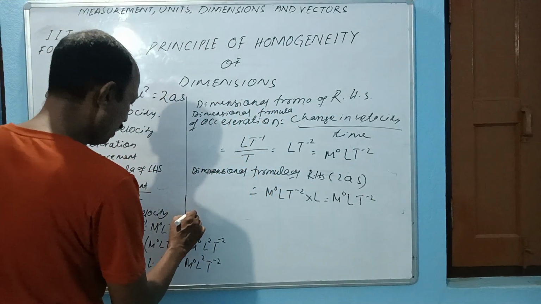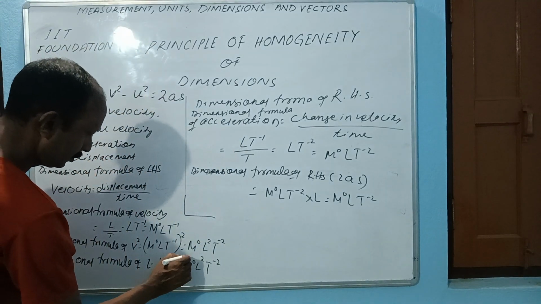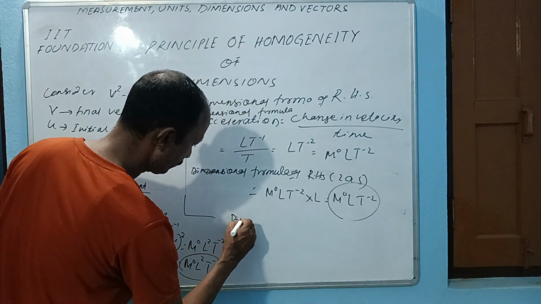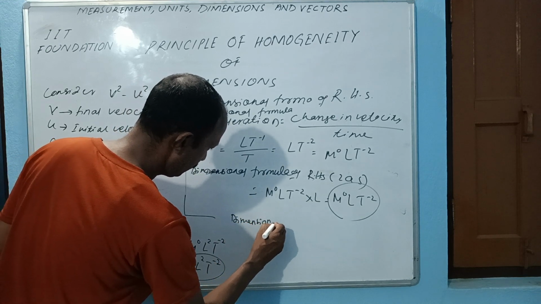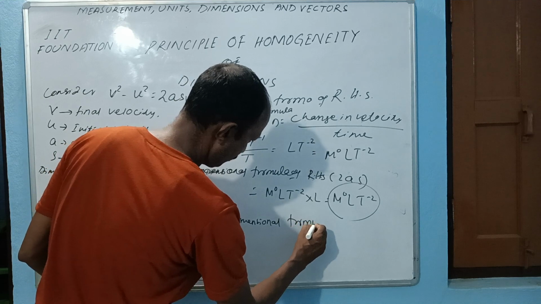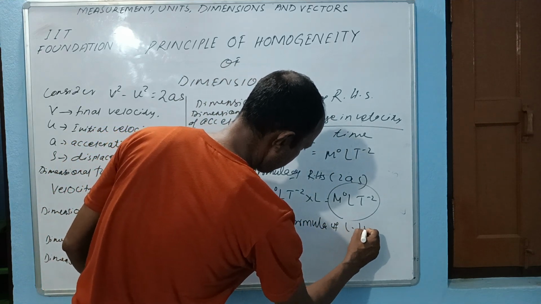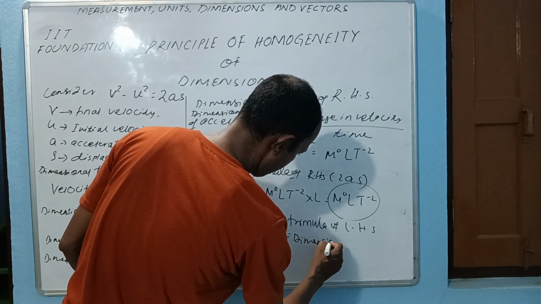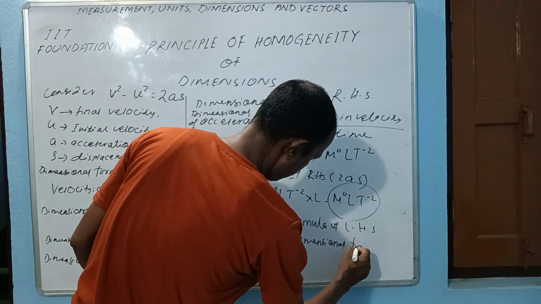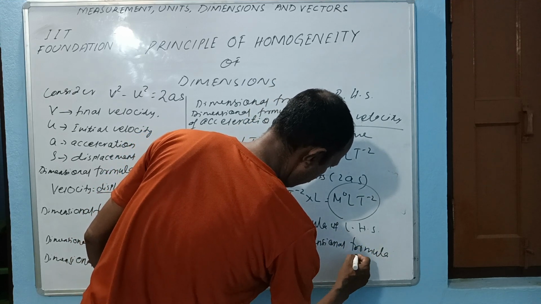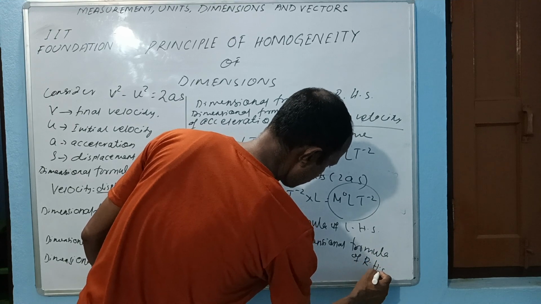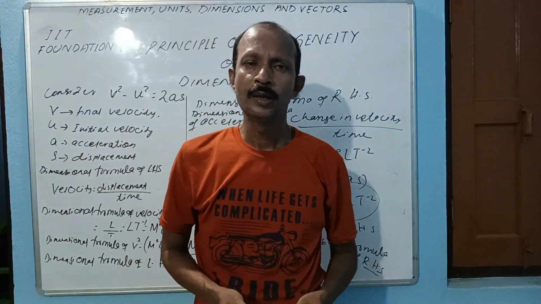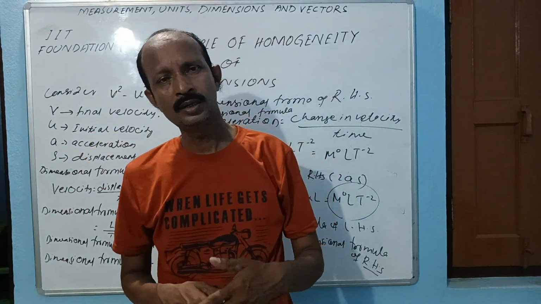Okay, that means what we got? We got the LHS, we got the RHS. So I can say that the dimensional formula of LHS is equal to the dimensional formula of RHS. So today in this video I explained about the principle of homogeneity of dimensions.